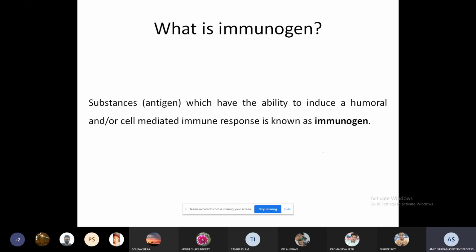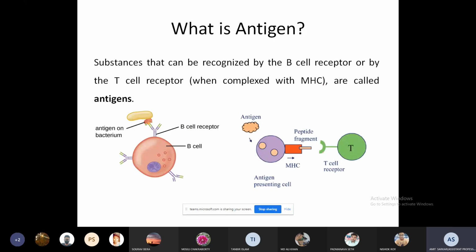So now that becomes a bit confusing. Here, you can imagine that maybe this one thing has been recognized by the B cell receptor, and when presented, the T cell can also recognize it, but they are not getting activated. They are not taking any action. They are just sitting idle over there. Maybe the B cell is not processing the antigen, or maybe it is processing but the T cell is not getting activated.